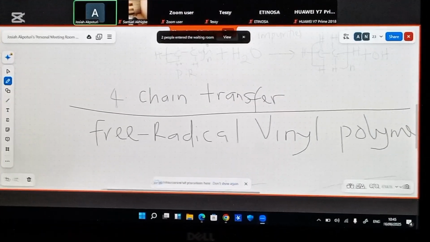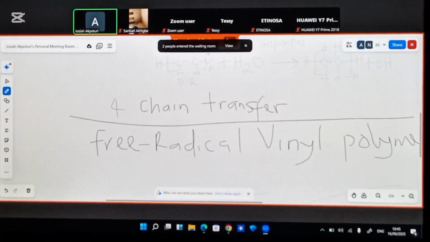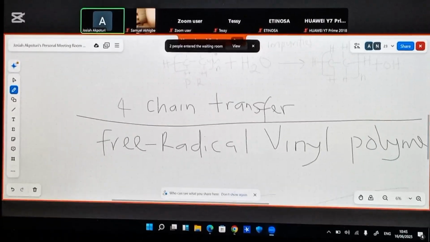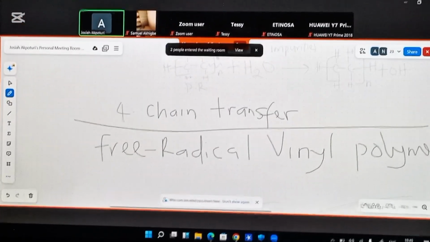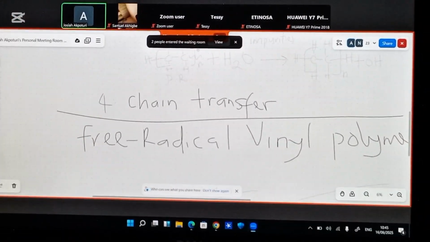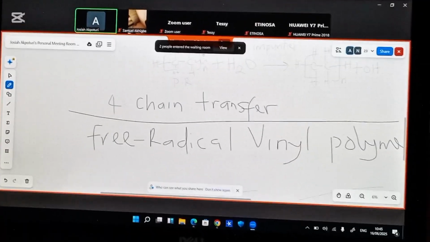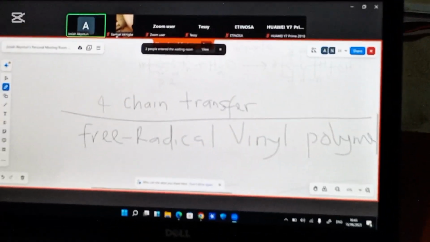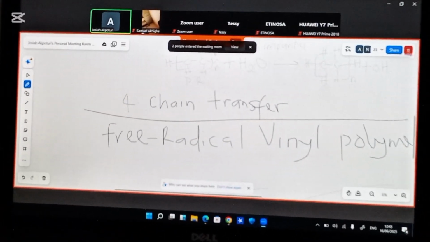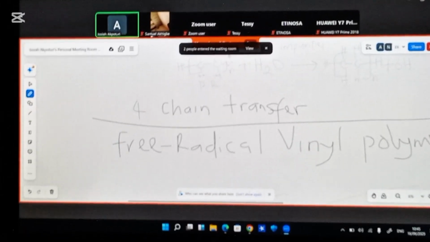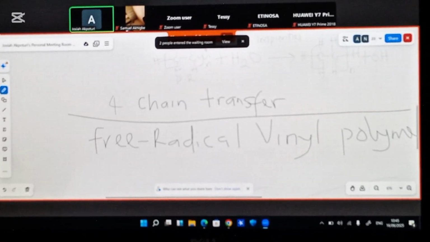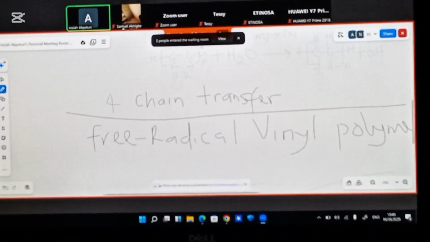Full stop. And the radical can be transferred to monomer, polymer, solvent or initiator.